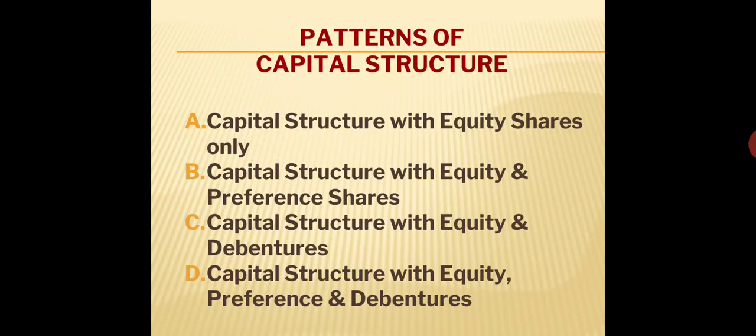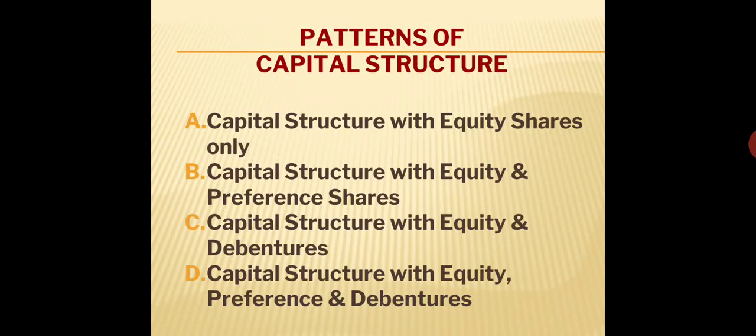The next one, this type of capital structure can attract investors with different attitudes and liking. As we already discussed in our introductory part, this capital structure is for both types of investors, those who are risk averse and those who are risk seekers.